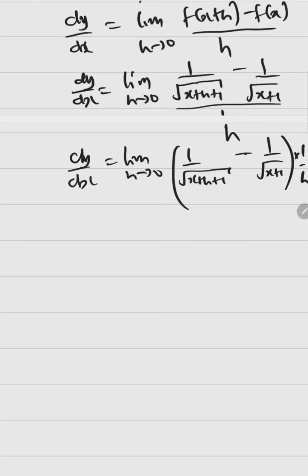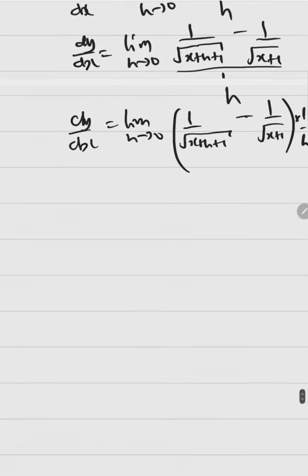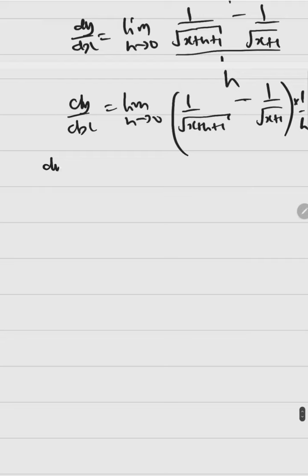This division is the same thing as this, and whenever you want to change division to multiplication, it means we have to multiply by the inverse of the denominator. I hope you understand now. So then I have dy/dx equals the limit as h tends to 0. From here we can find our LCM.